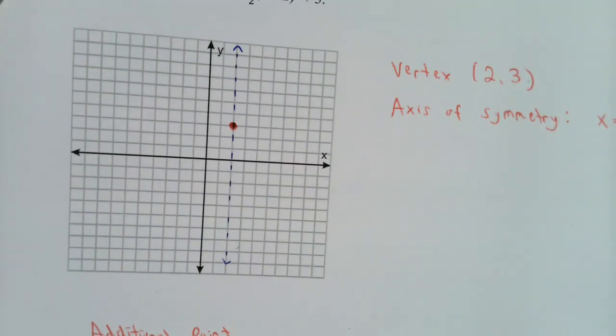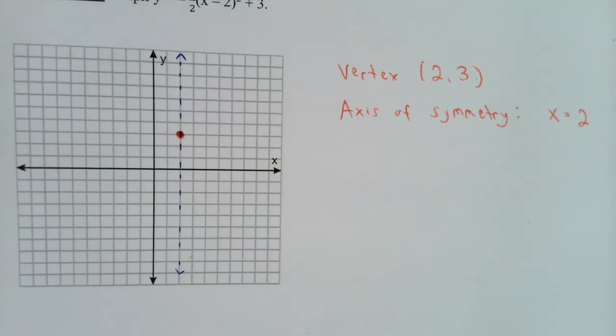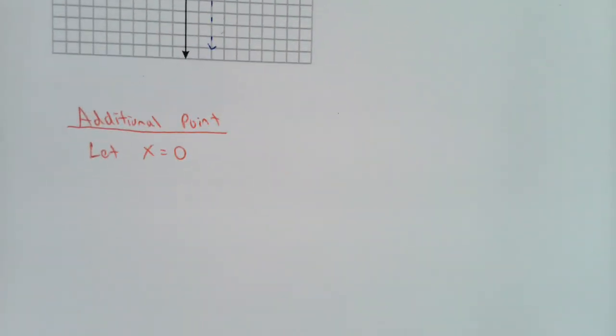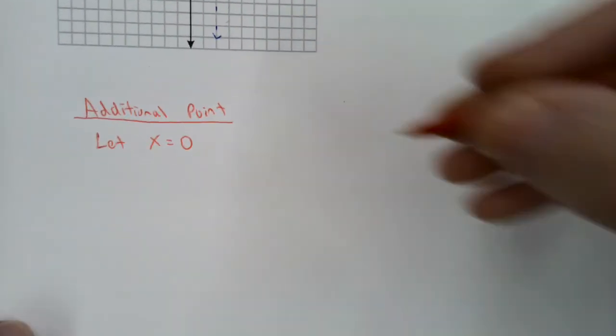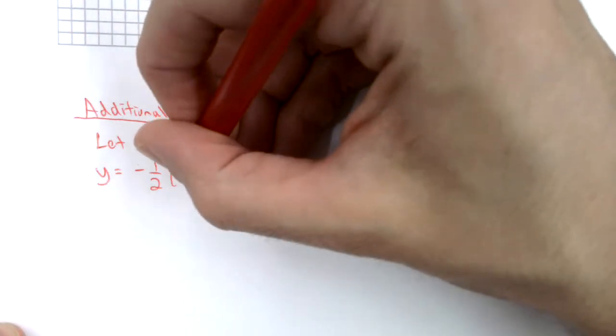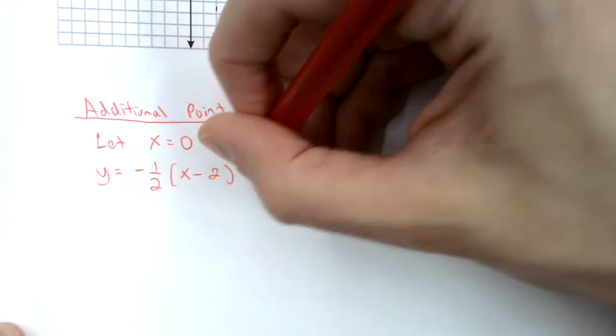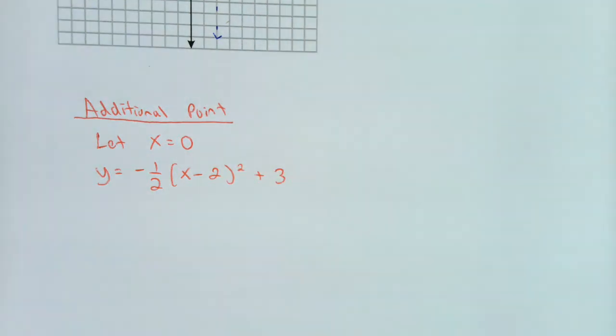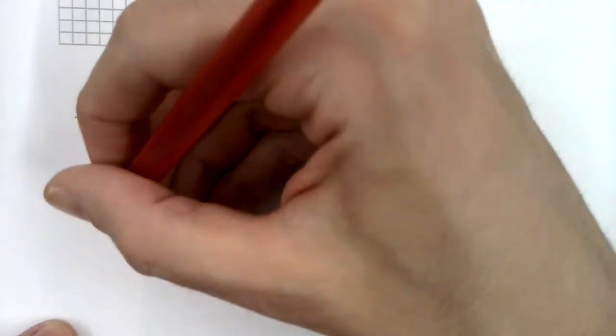Okay, so we have our vertex, our axis of symmetry graphed already. Now I'm getting some additional points. Let x equal 0. And let me recopy down the original problem. And let's substitute 0 in for x and simplify.